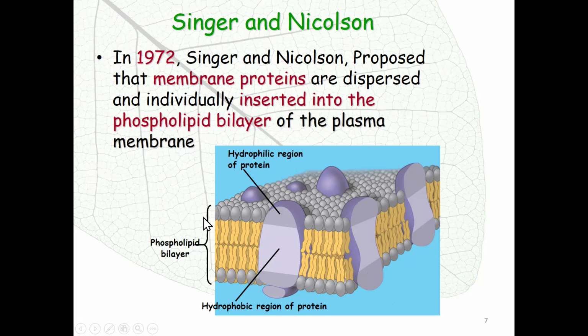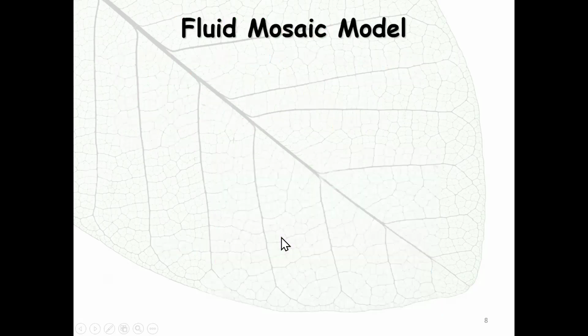Here you can see the phospholipid bilayer part, and the hydrophobic region of the protein is the part of the protein present in the lipid layer, but the hydrophilic part is outside of the plasma membrane. The plasma membrane is called a fluid mosaic structure.